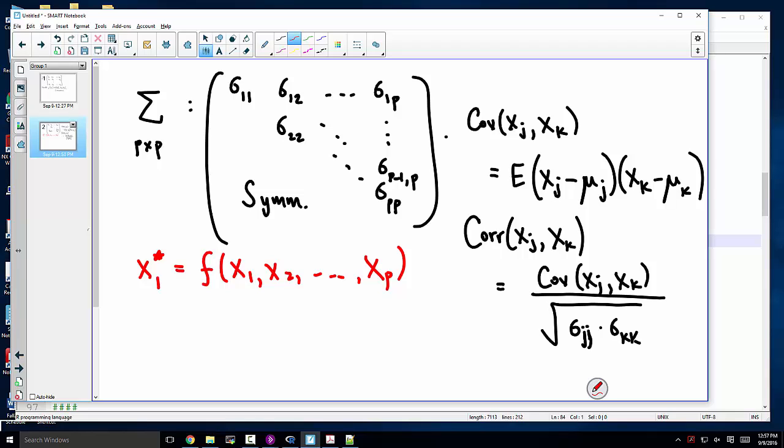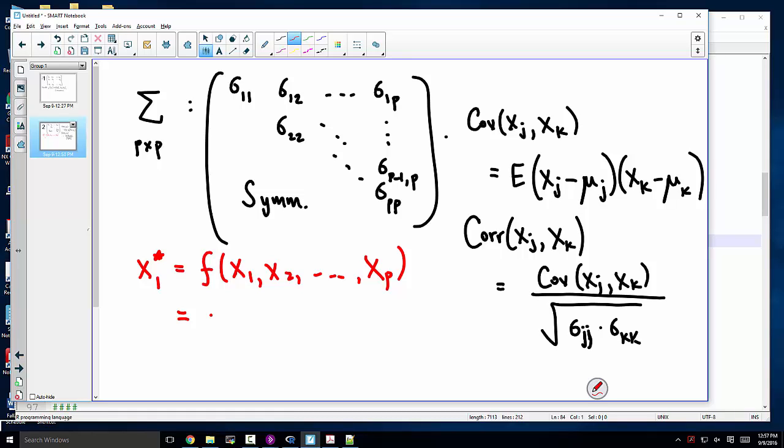What we're going to do, for historical reasons and because the math works out elegantly, is consider linear combinations. One way to take p variables and boil them into one number is to linearly combine them.